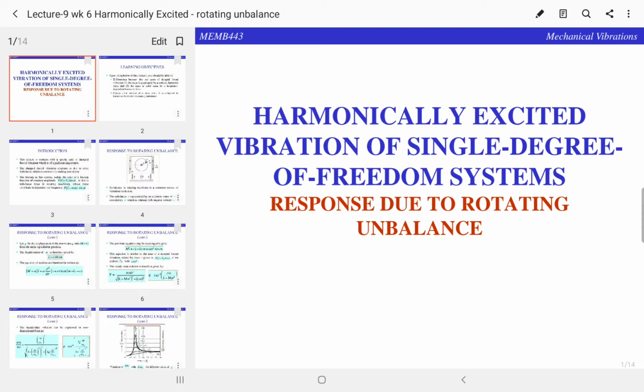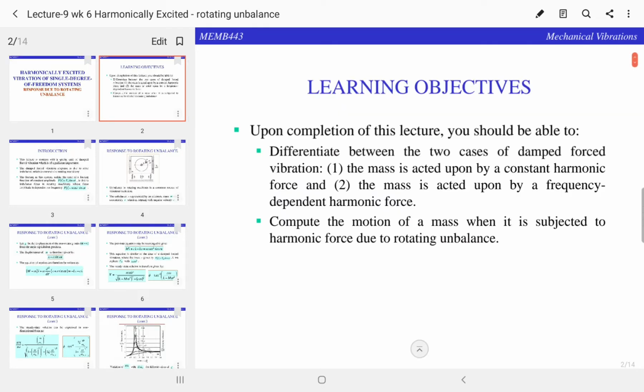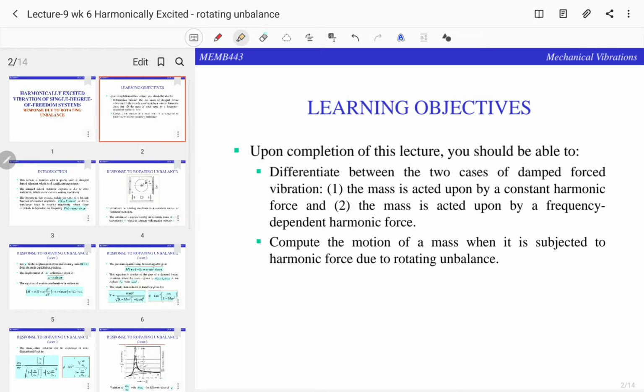So let us take a look at the system. So hopefully throughout this lecture you know the difference between this case and also the previous case in terms of the mass acted upon a constant harmonic force and also the mass acted upon by a frequency dependent harmonic force.